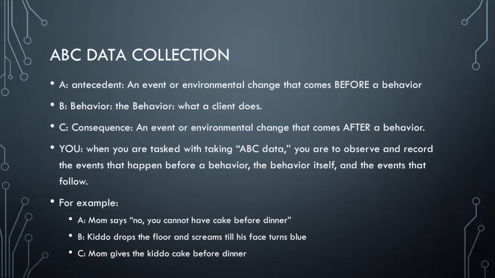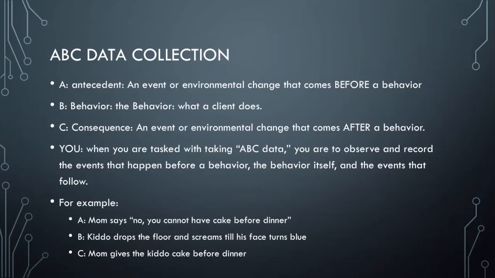So I wrote a very basic example here. Our antecedent is mom says, no, you can't have cake before dinner. So a refusal is our antecedent, okay? The behavior, the kiddo drops to the floor and starts screaming till his face turns blue. So that's his response or his behavior. What happens after he's turning blue is his mom says, okay, fine, you can have cake before dinner.